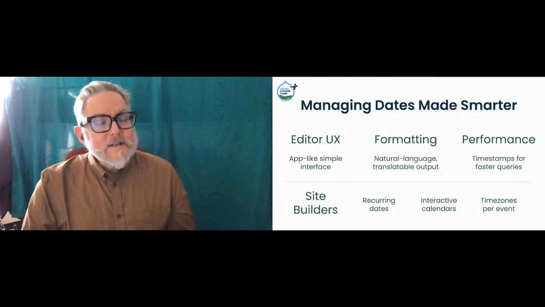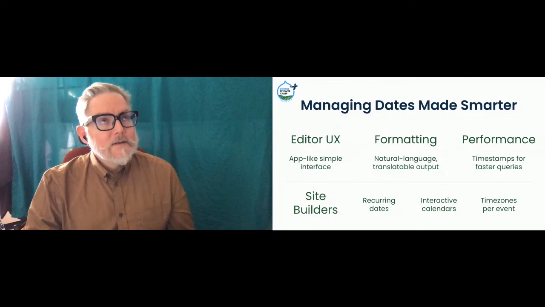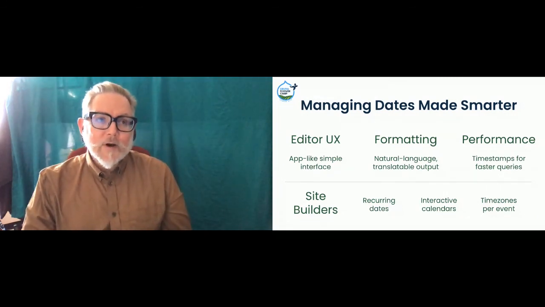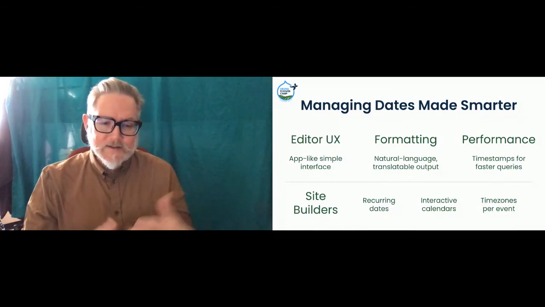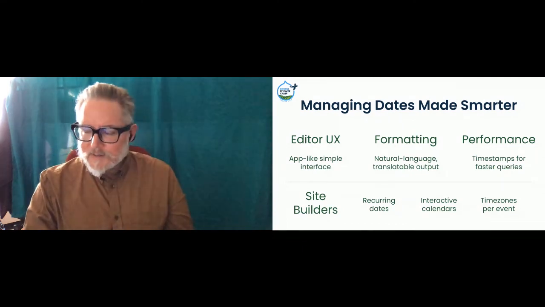The reality is that because Smart Date is a contrib module, and while I've been really excited to see the level of adoption that it's had, it's definitely not ubiquitous in terms of how many people use it.